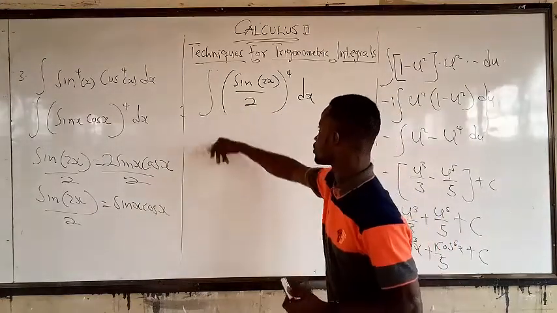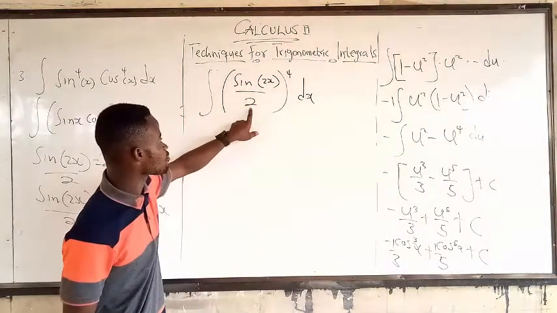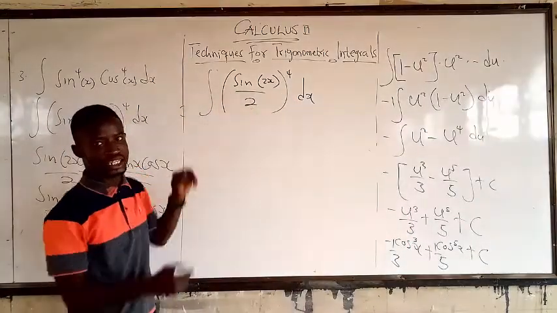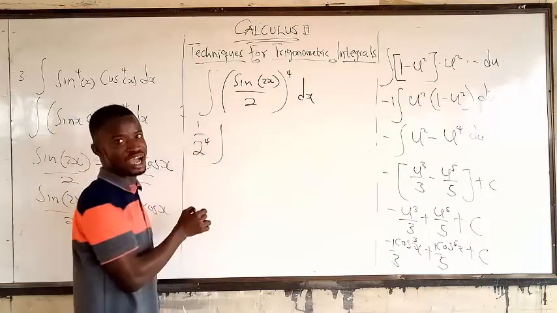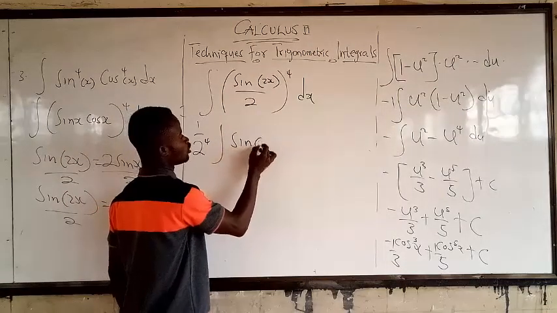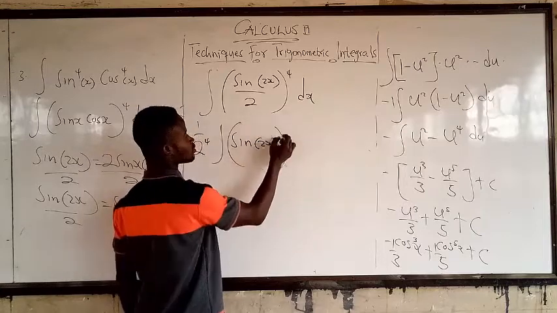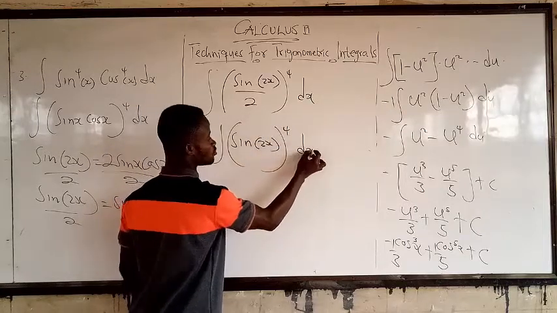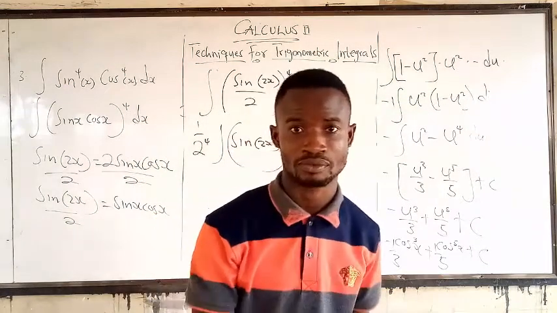Very good. Now here, the power 4 will affect the half. I'll be getting the half inside here. So we are going to get 1 over 2 to the power 4, the integral of sin 2x to the power 4 dx. This is exactly what we have now.